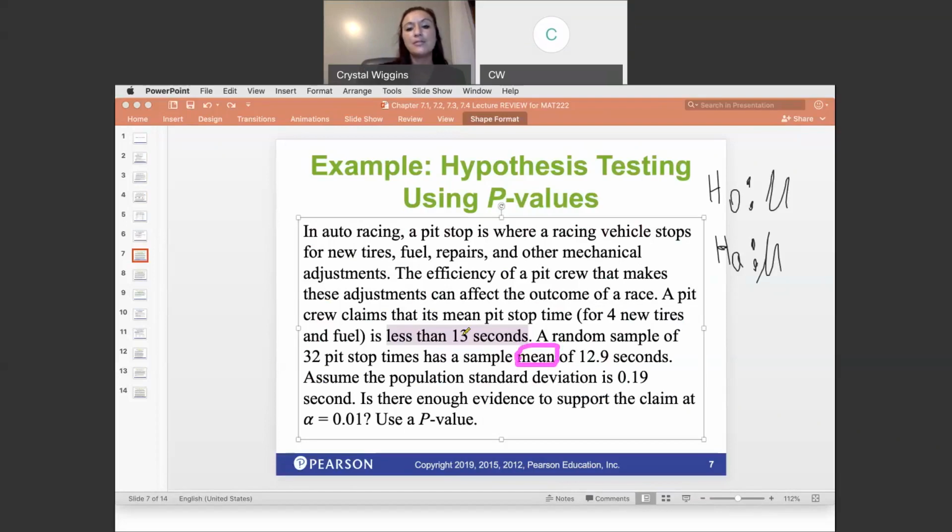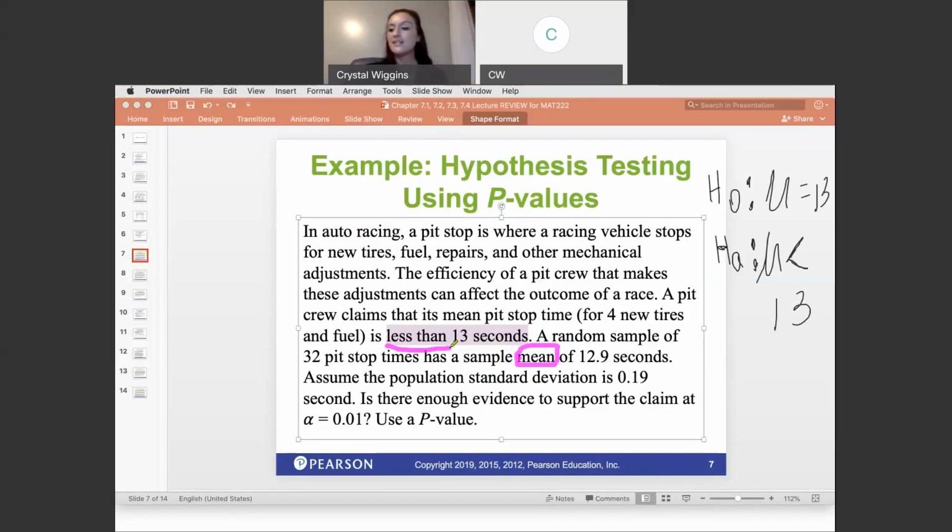And less than 13 seconds, because this is less than, remember, the equal sign is what goes with the null. So that means my claim is the alternative. So less than 13. And my null is just equal to 13. Technically, it's greater than or equal to, but remember, we are moving on from our intro stats, and hypothesis tests just use a straight equal sign.